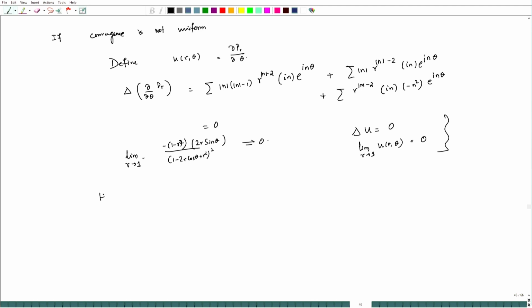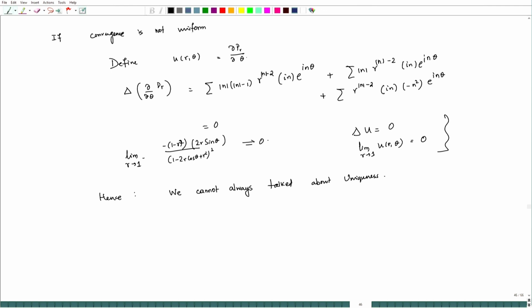Hence, we cannot always talk about uniqueness. That is why it is very important that the convergence is uniform.